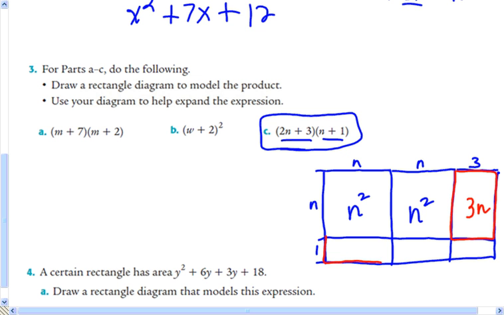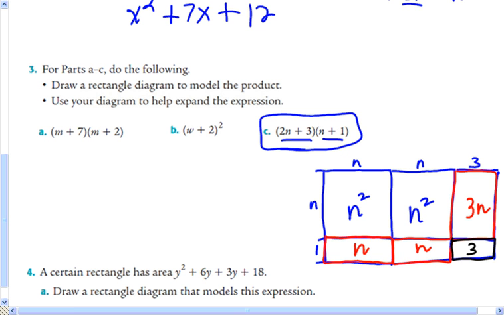This rectangle on the bottom is 1 by n, so that would be 1n, or n. This rectangle here is exactly the same as that. And then the last rectangle in the lower right corner is 1 by 3, which is 3.